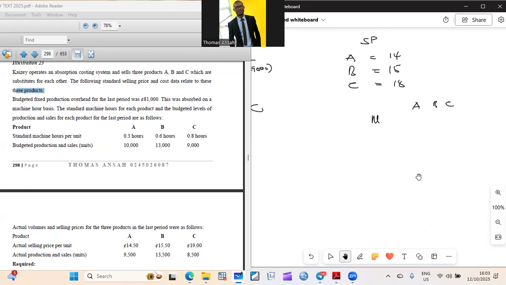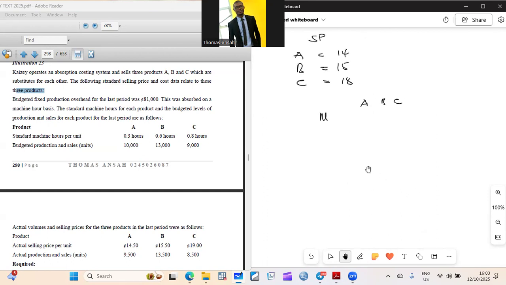What do you have there for material, A, B, and C, in the book, the solution part? How much is for material? All right, give me a second. Let me check.